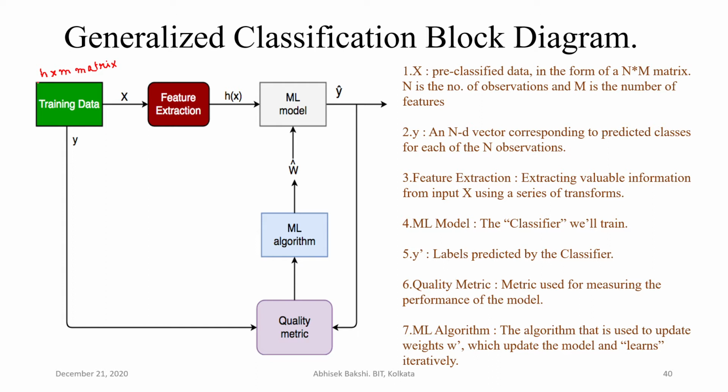And what is m? m is the number of features. Definitely it depends on the problem; the values of n and m will vary. But other than these n patterns and m features, we have one more thing, that is this y. This y is the label that we already know for that set of data.